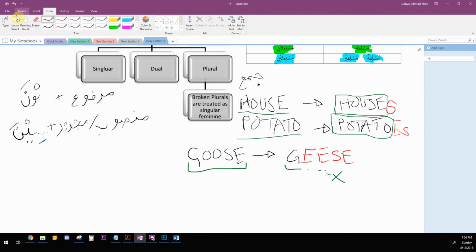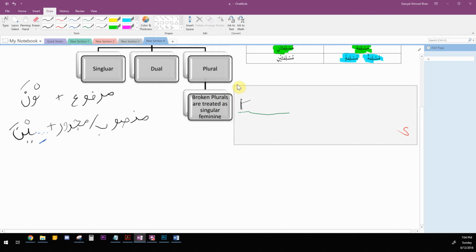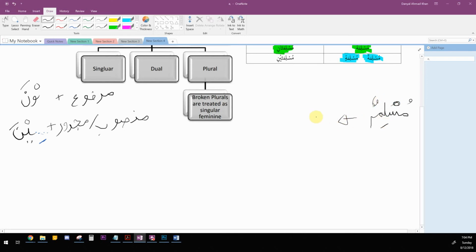So what does that look like? I'm going to get rid of this stuff again. What does that look like if you had the word muslimun? That looks like muslimuna in the marfu' state.